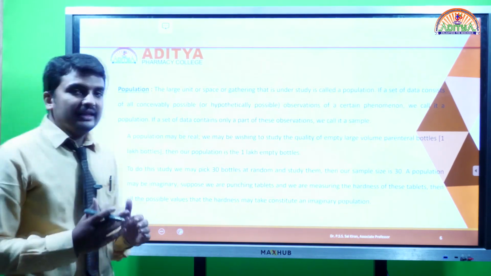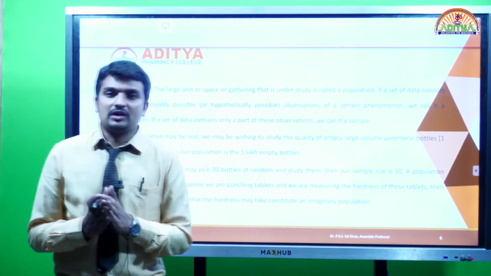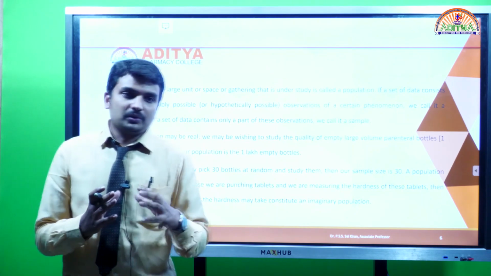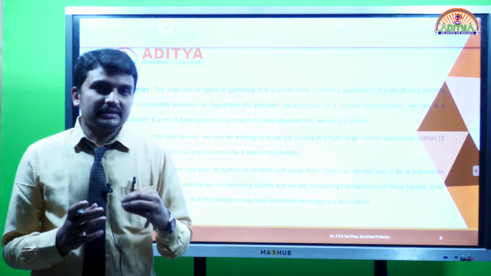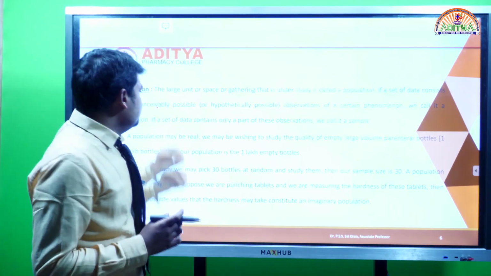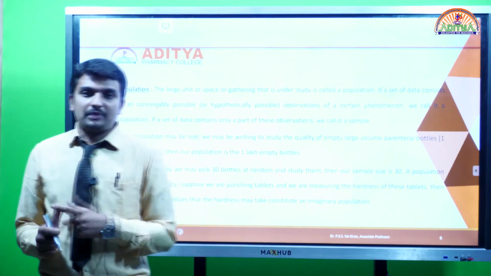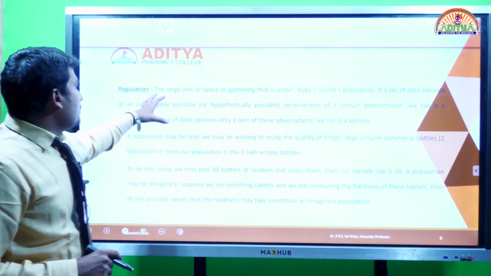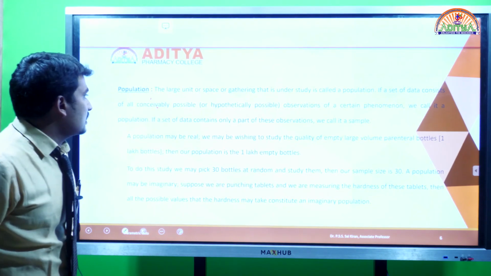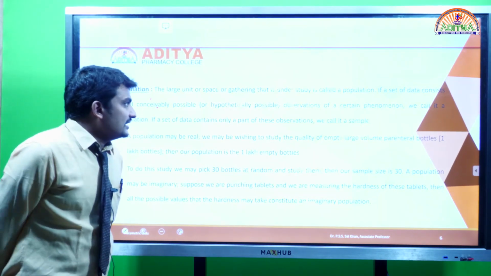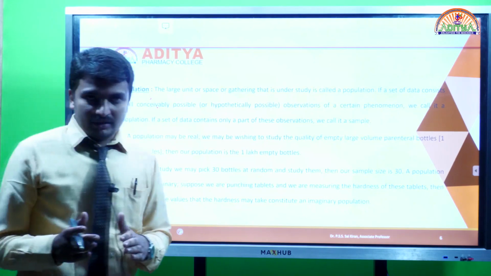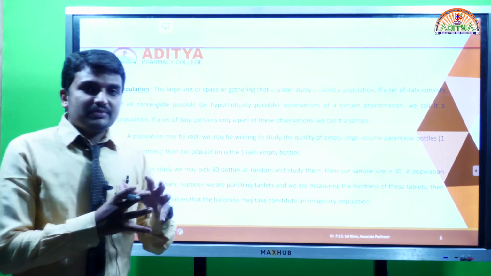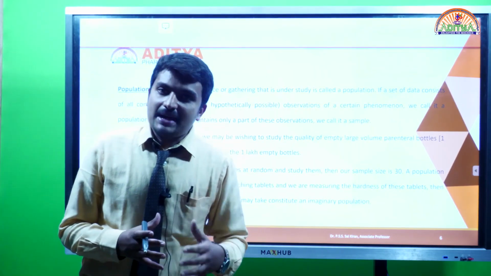Before discussing the parametric and non-parametric tests, we want to learn a few definitions like what is a population and what is a sample. A population is a large unit or a space or gathering that is under study. Usually this population contains different samples.